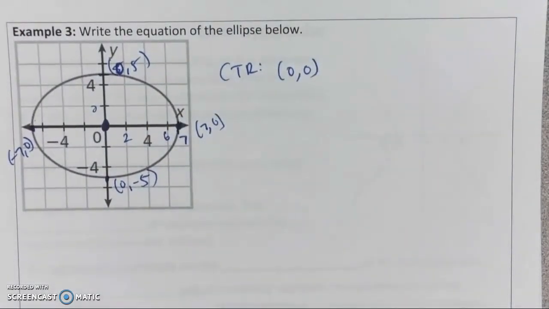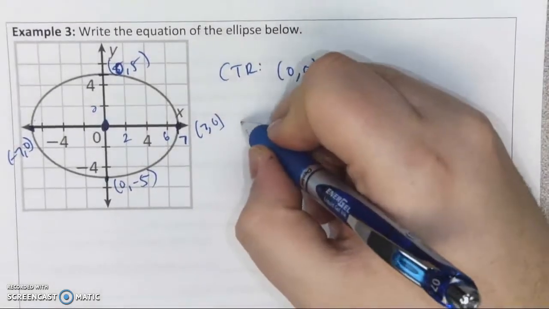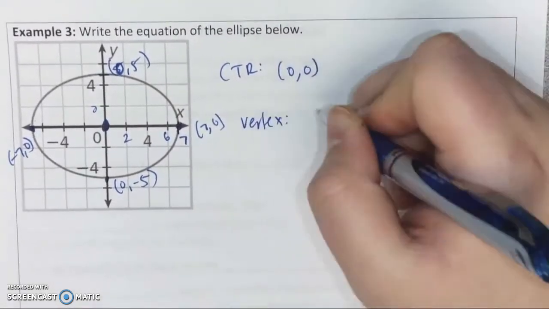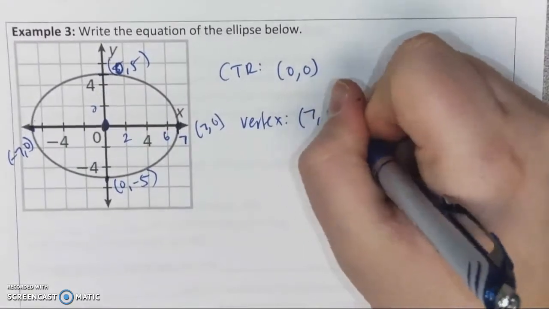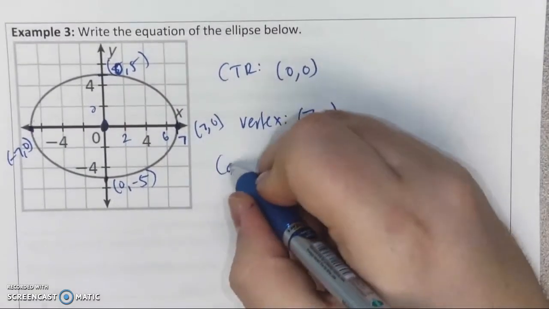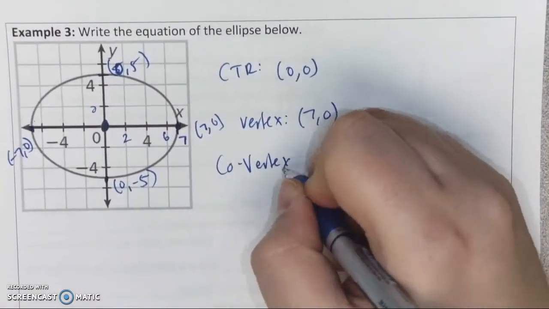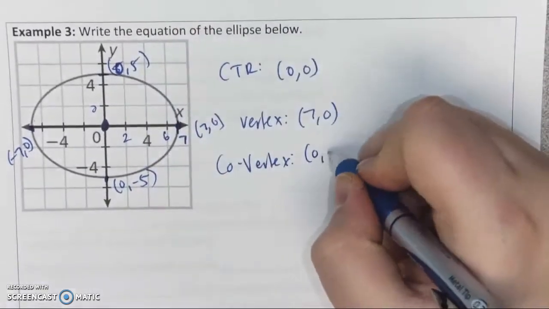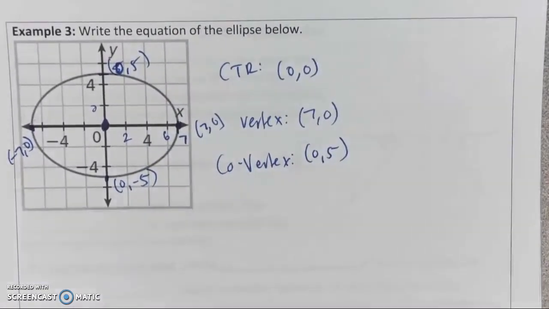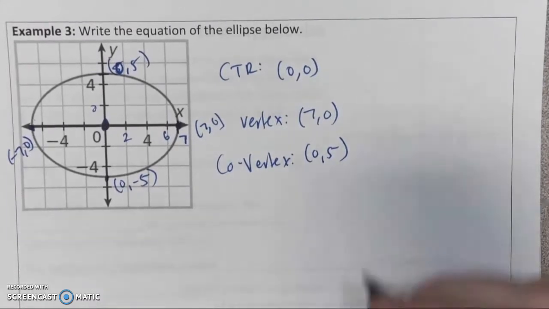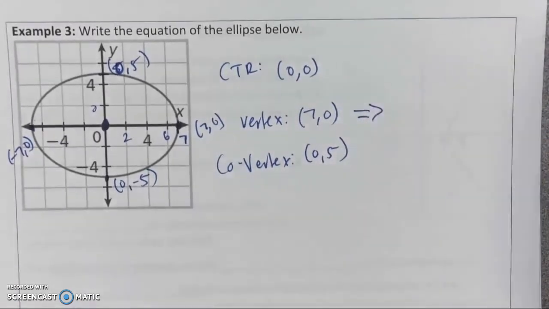So I know the center. I know the vertex is the point, let's say 7, 0. And I know the co-vertex is the point, we'll just call it 0, 5. So we only need to use one of them, but they give us 2. So the vertex at 7, 0 implies 2 things.